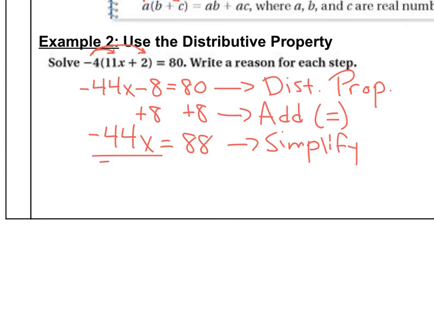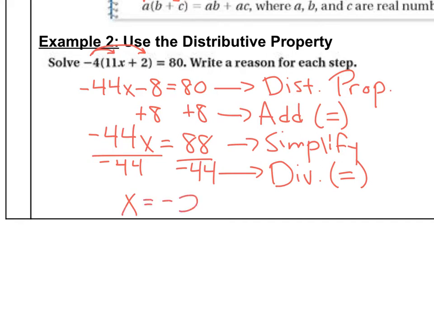And then finally we will divide by -44 on both sides. It's going to be the division property of equality. And then finally x will be equal to -2. Again, we just simplified.